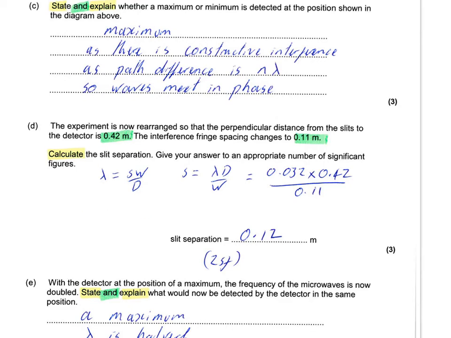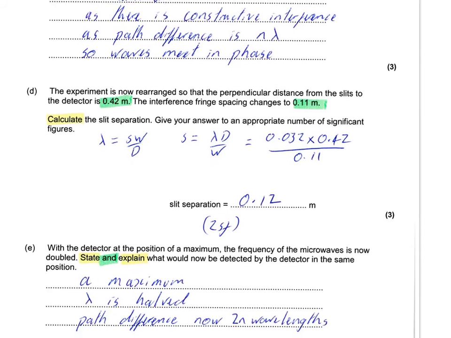So that's just using lambda equals sW upon D. Lambda, the wavelength, is the slit separation times W, the fringe separation, divided by D. Rearrange that to find the slit separation s is lambda D upon W. Lambda 0.032 times D 0.42 divided by the fringe separation that we're given, 0.11. That gives me a slit separation of 0.12 meters. That needs to be to two significant figures. All the data there is to two significant figures.